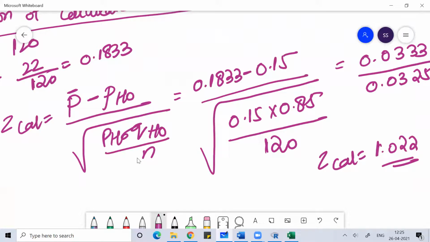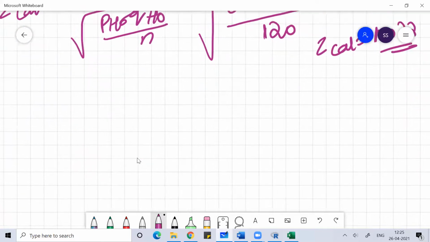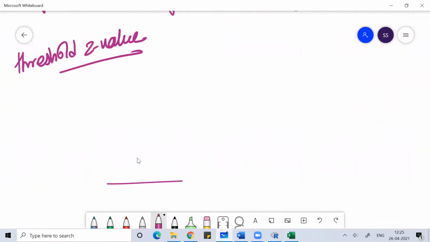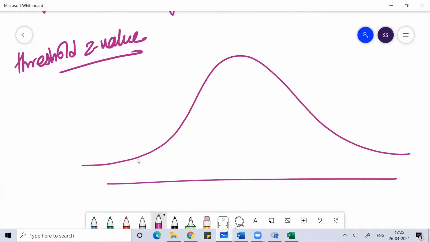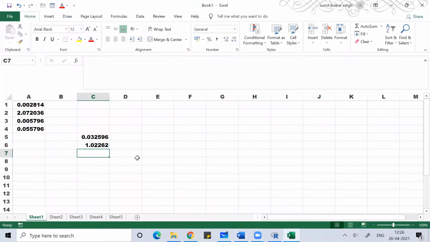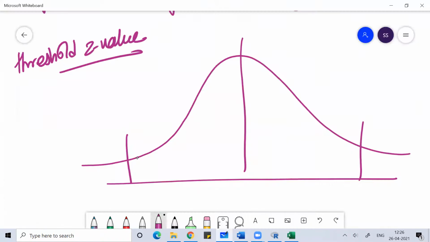This you will compare with the threshold z value. So this is a two-tailed test, so there will be two rejection regions. We have to do it at a 2% level of significance, so alpha is 0.02, and each tail will be 0.01.